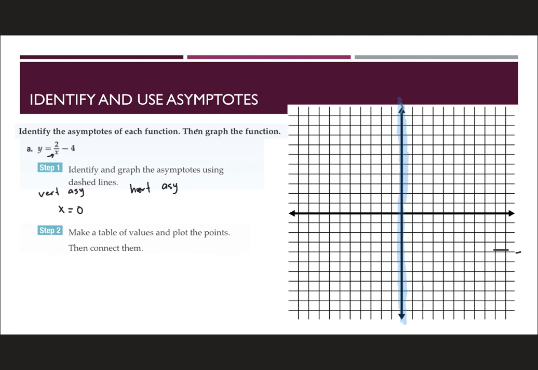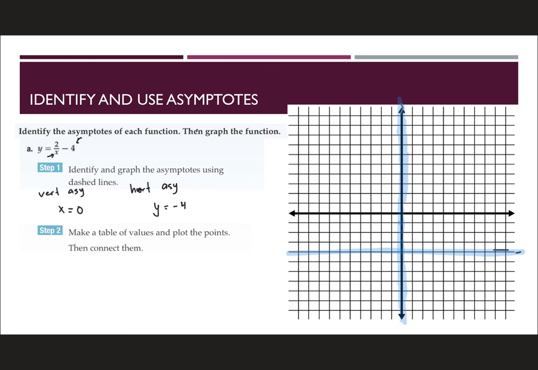And remember, the horizontal asymptote is y is equal to c, or this back value. So I have y is equal to negative 4. I'm going to graph that. So down 1, 2, 3, 4. That line right there. So those are my two asymptotes, which means that my hyperbola are going to be in those quadrants.